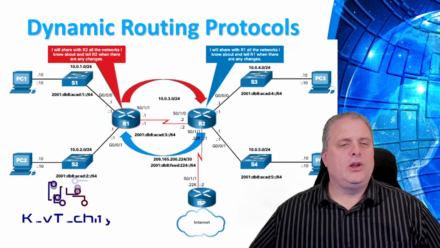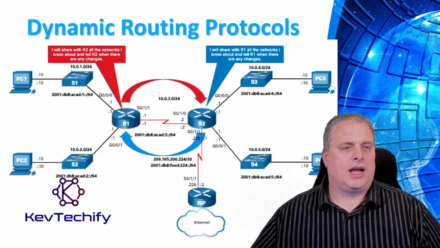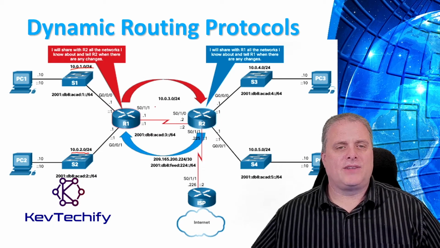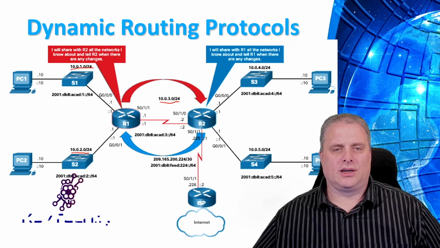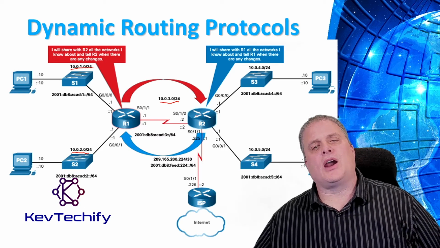The networks I know about are my directly connected networks. I have 3 directly connected networks: 10.0.1.0, 10.0.2.0, and 10.0.3.0. I'm going to share all 3 of those networks with R2.